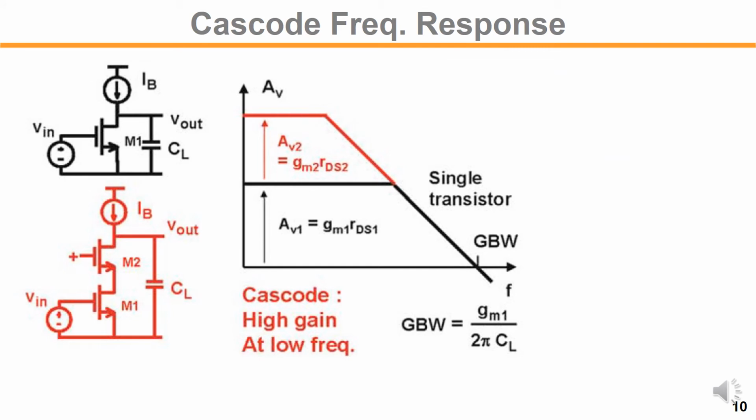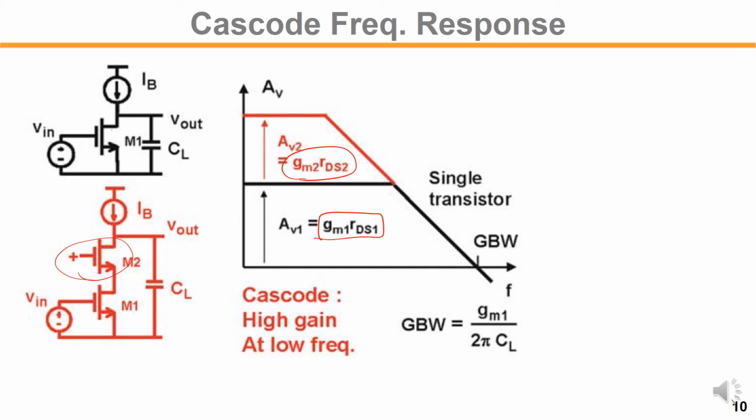Let's visualize this a little bit further for yourself. With the single transistor, the DC gain is GM RDS1. With the cascode here, that gain is boosted by GM2 RDS2.